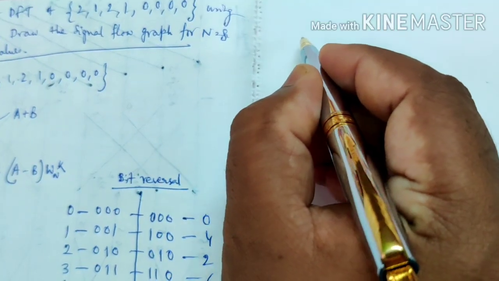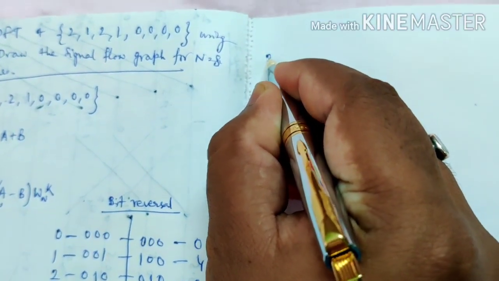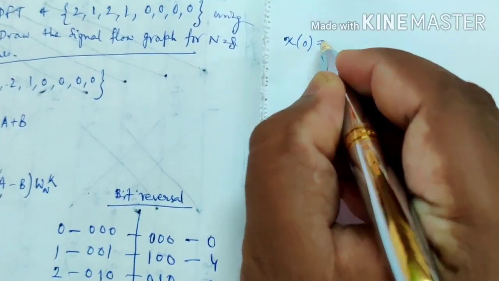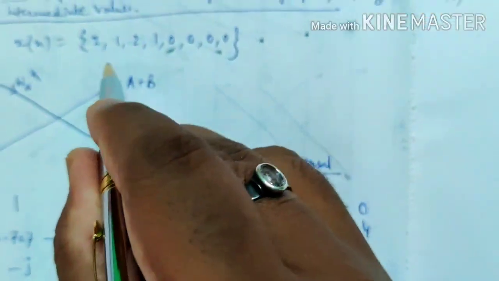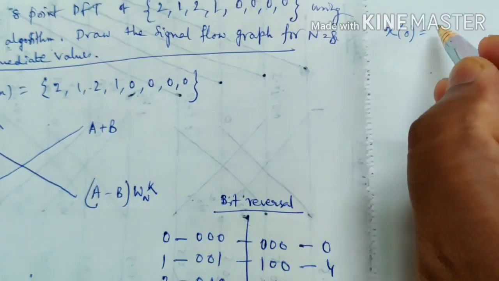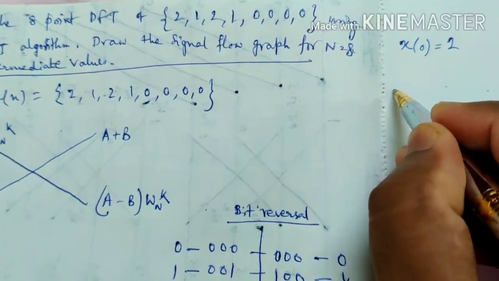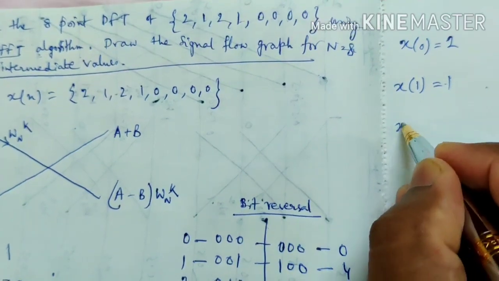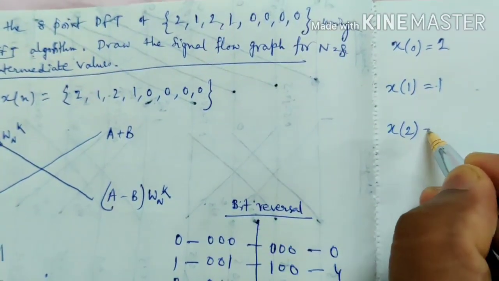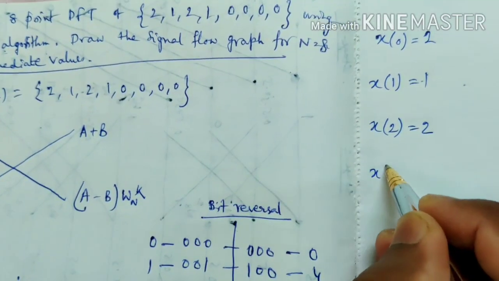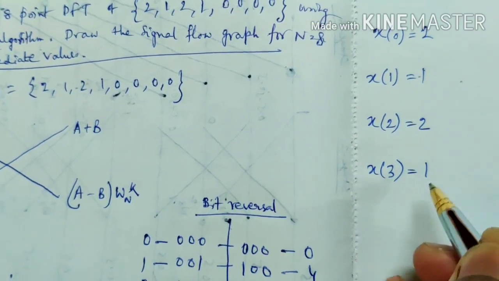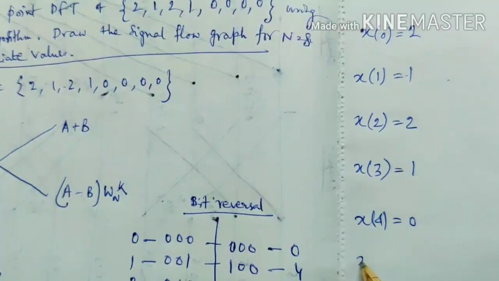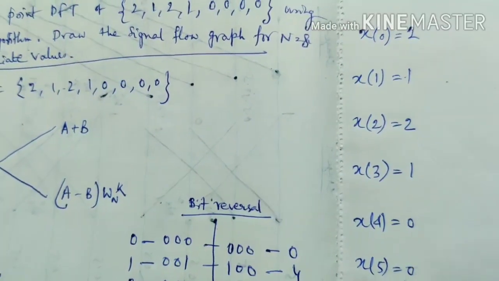So first, the sequence will be taken in order: x0, that value is 2, x1 is 1, x2 will be 2, x3 will be 1, and the rest will be 0.